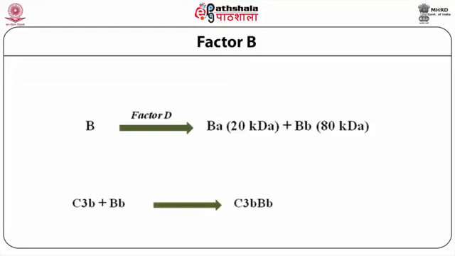Factor P is a gamma globulin of 220 kilodalton molecular weight and can bind to C3bBb reversibly. Because of the involvement of properdin in a critical fashion, the alternative complement pathway has sometimes been referred to as the properdin pathway.